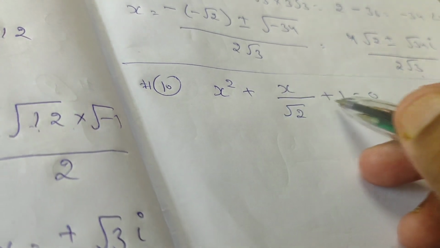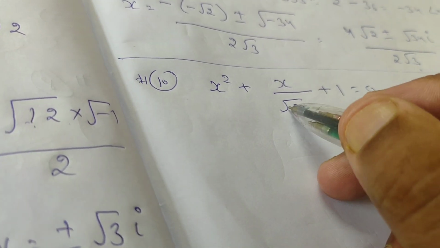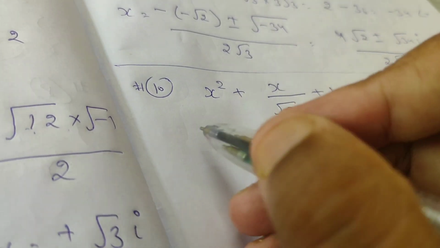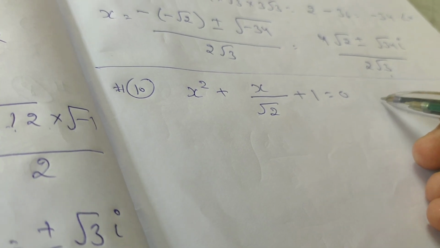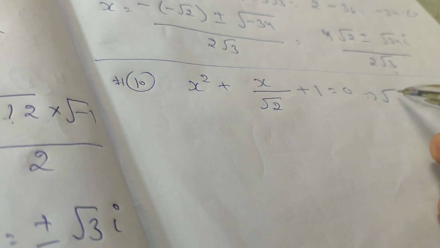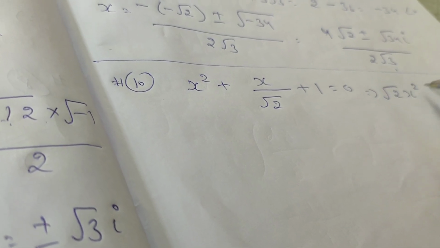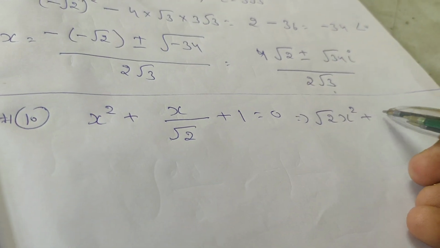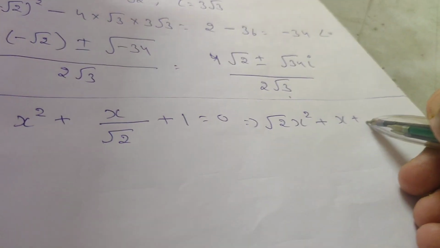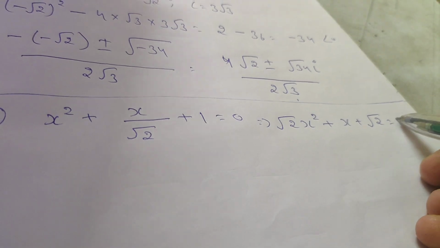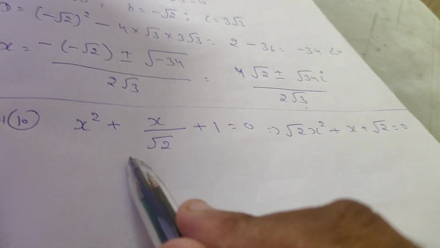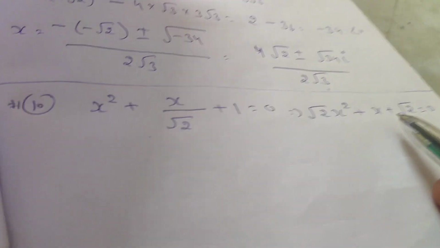Firstly we multiply the equation on both sides by root 2. What will we get? This implies root 2 x squared plus x plus root 2 is equal to 0. Either do it in this way or in this way, your wish.